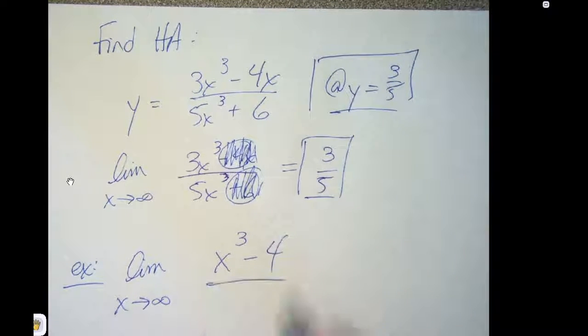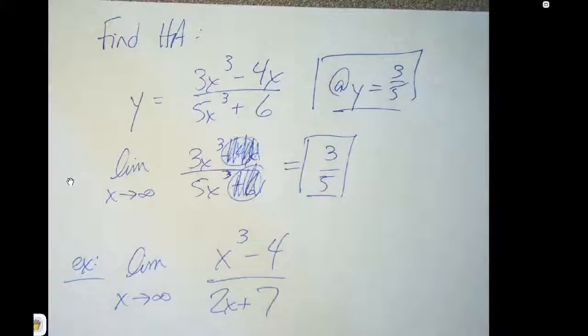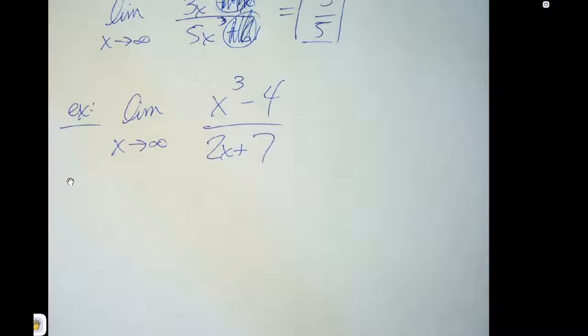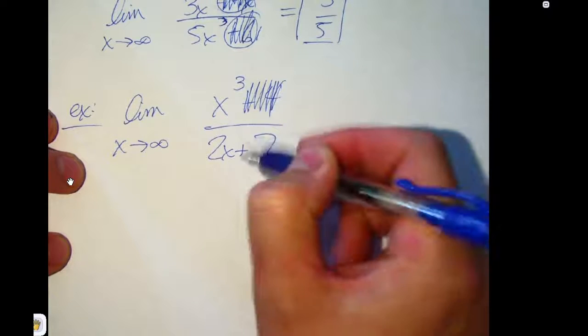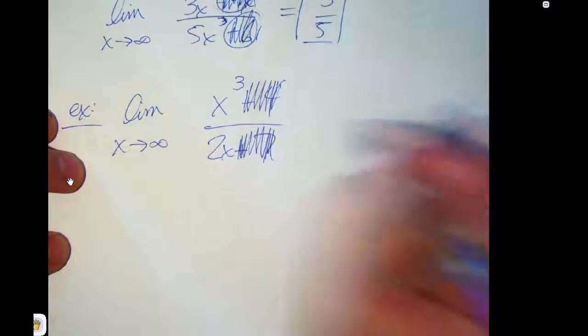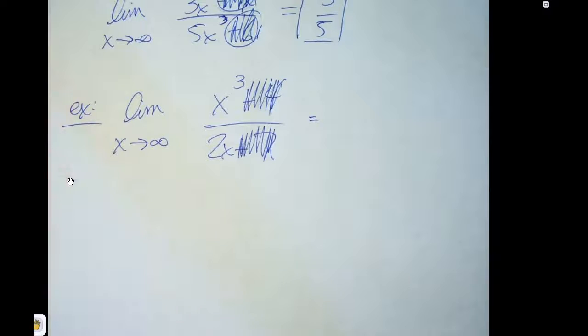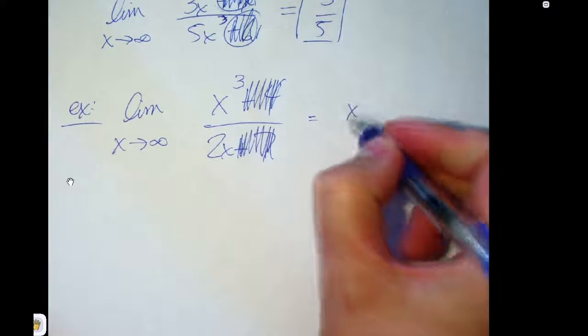So let's say x to the third minus 4 over 2x plus 7. So minus 4 doesn't do anything, plus 7 doesn't do anything. Reduce x to the third over 2x. What do I get? x squared over 2.